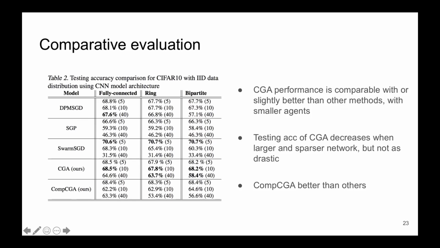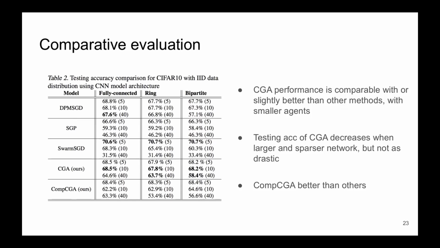But what I care about is whether DPM SGD does something like CGA, increasing a lot of local computing overhead and burden, or being communication intensive. I'm not sure, because with this kind of paper, you achieve 1% better at a very, very high cost, right?